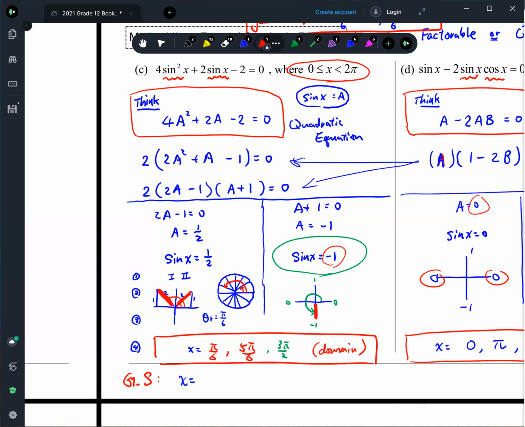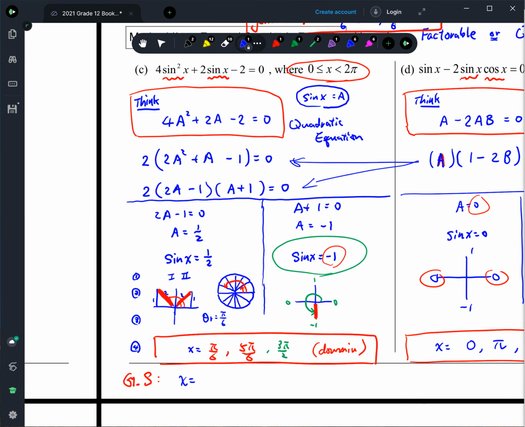Okay, Marcus, what's the first general solution? Isn't it just 5 pi over 2? Let's just add 2 pi to 3 pi over 2. Wait, what's the beginning angle? Pi over 6.